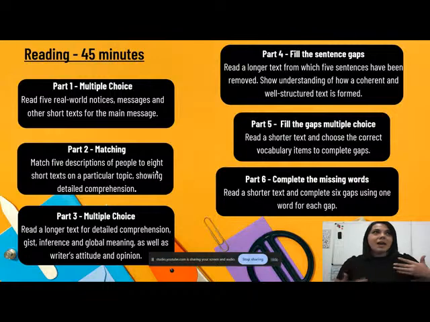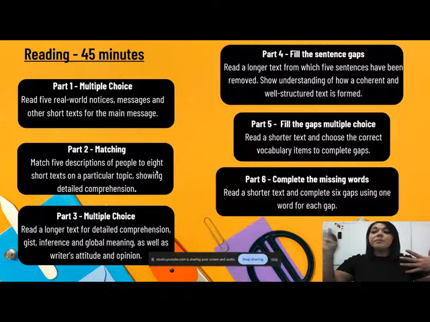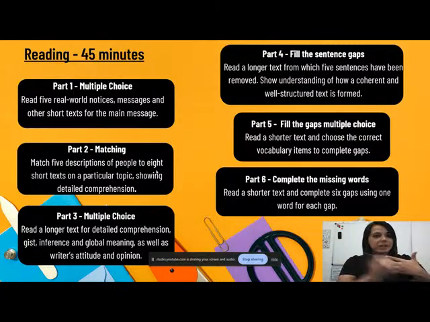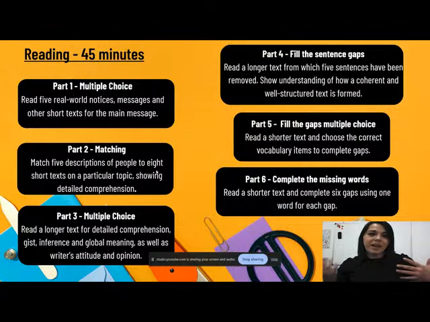For example, I've seen 5 people who want to go on holiday, and then on the other part of the task, we have some different holiday destinations and different activities. So we read the descriptions of the people and we try to match them to the best holiday for them.